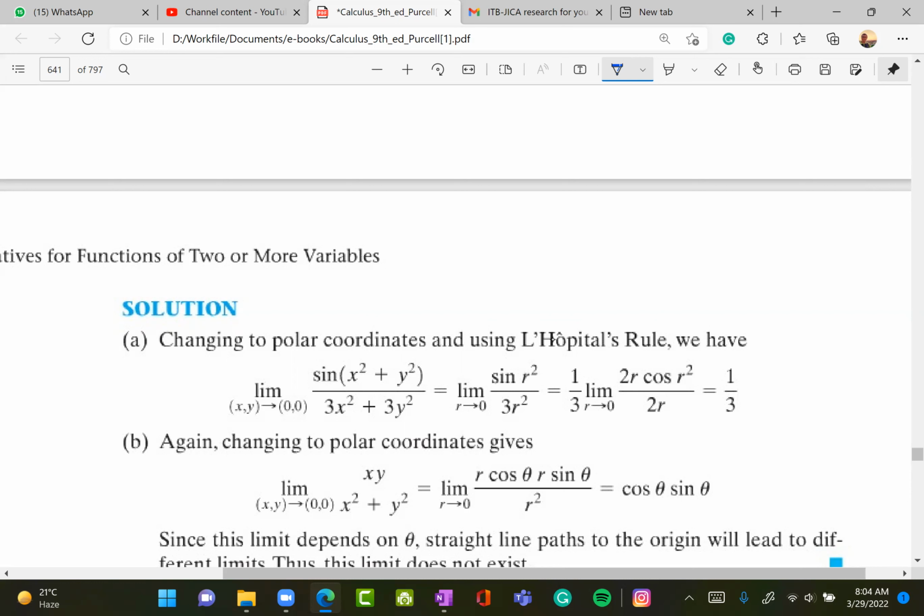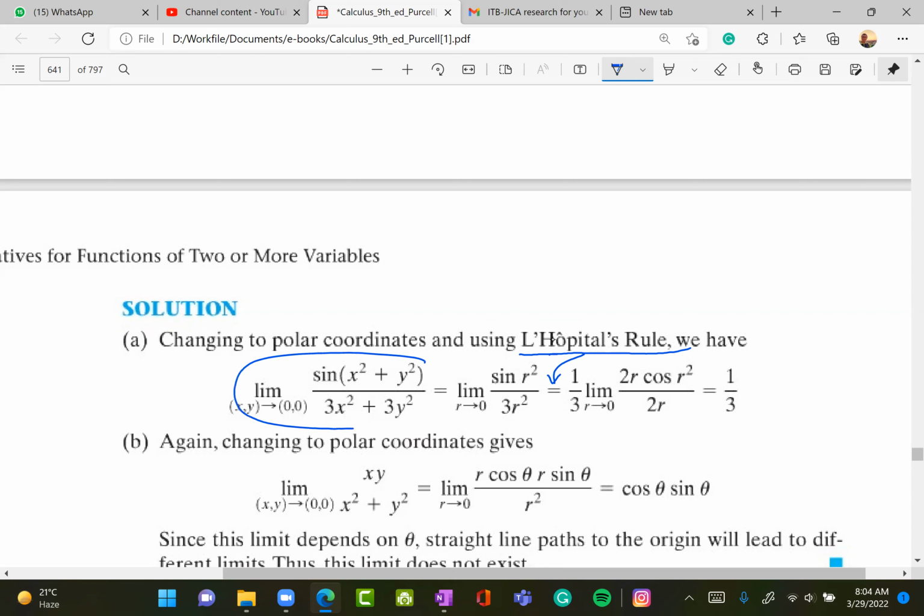Now, because this is one variable, you can use L'Hopital's rule. So L'Hopital's rule is used here, but no way you can use L'Hopital at this stage.